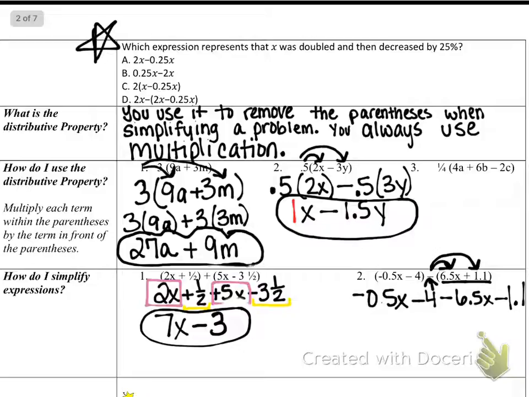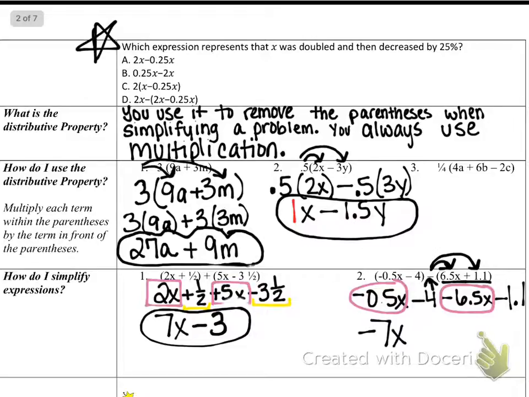If you have questions, write them down. Now, we are going to combine like terms. Negative 0.5x minus 6.5x. So this is taking me further into the negatives. That is negative a half minus 6.5 more is going to be negative 7x.